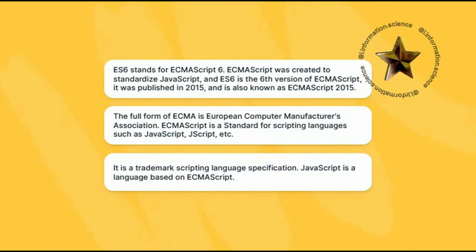The full form of ECMA is European Computer Manufacturers Association. ECMAScript is a standard for scripting languages such as JavaScript, JScript, etc. It is a trademark scripting language specification. JavaScript is a language based on ECMAScript.